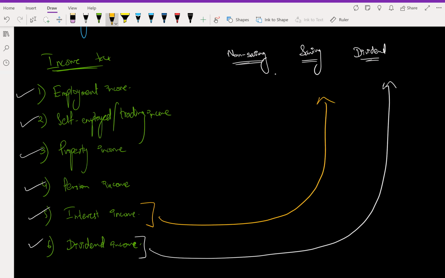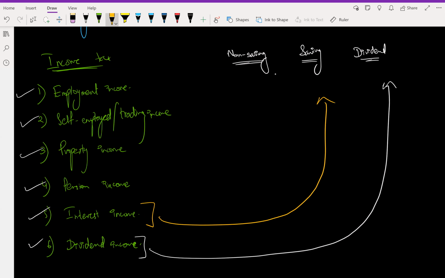It could be through a bank, it could be through an investment in an unquoted company, in a quoted company, it could be on war loans, it could be anything. If you're earning interest, that falls under the savings category. If you're earning dividend, that falls under the dividend category.